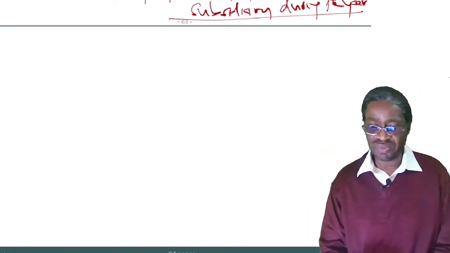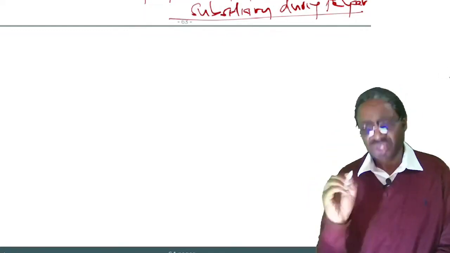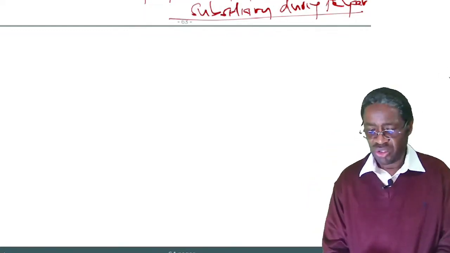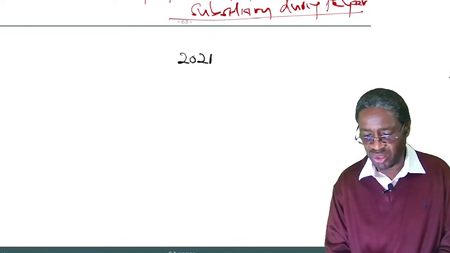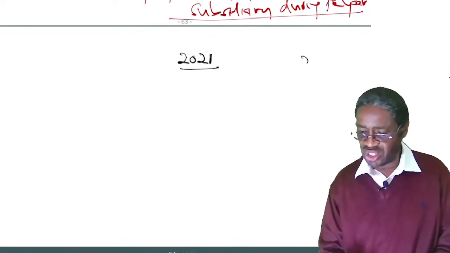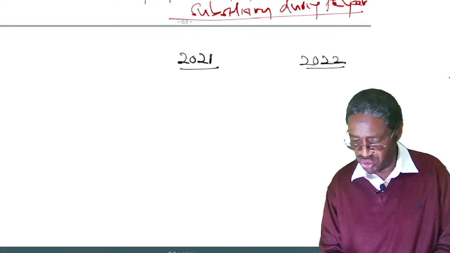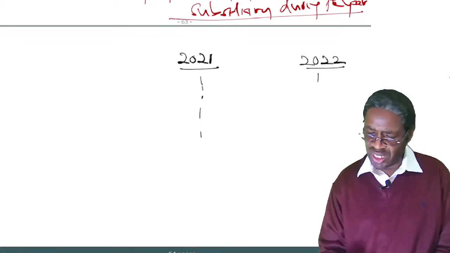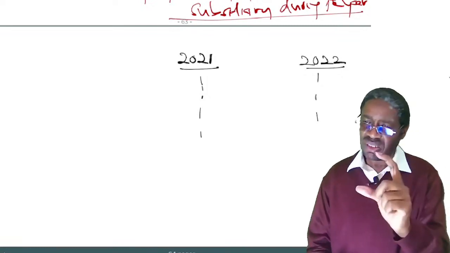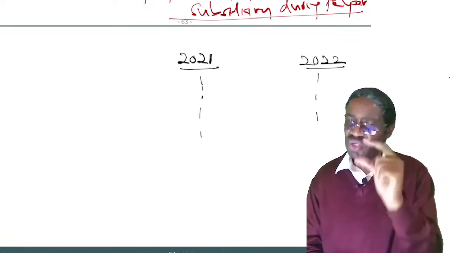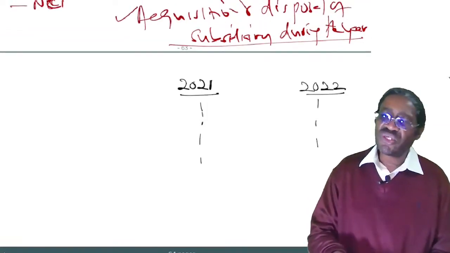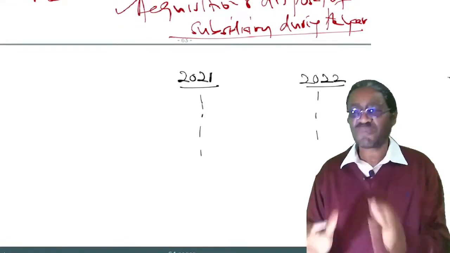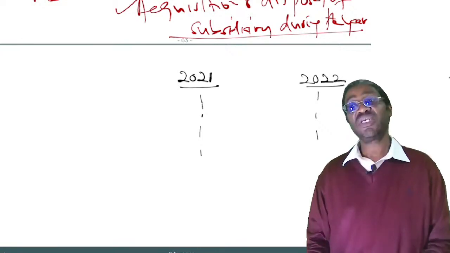Let me assume that our current year is 2022. So you will be given the balance sheet for 2021 and a balance sheet for 2022. Now, we want to look at how you deal with acquisition or disposal of a subsidiary during the year.